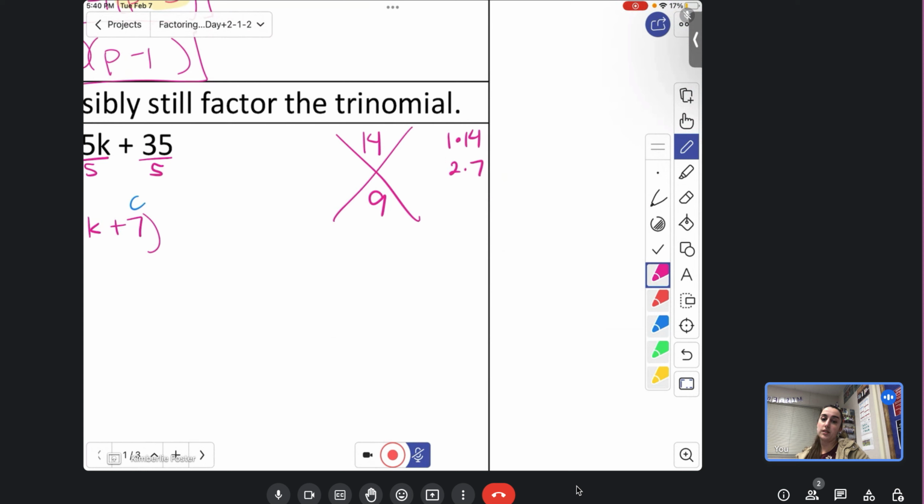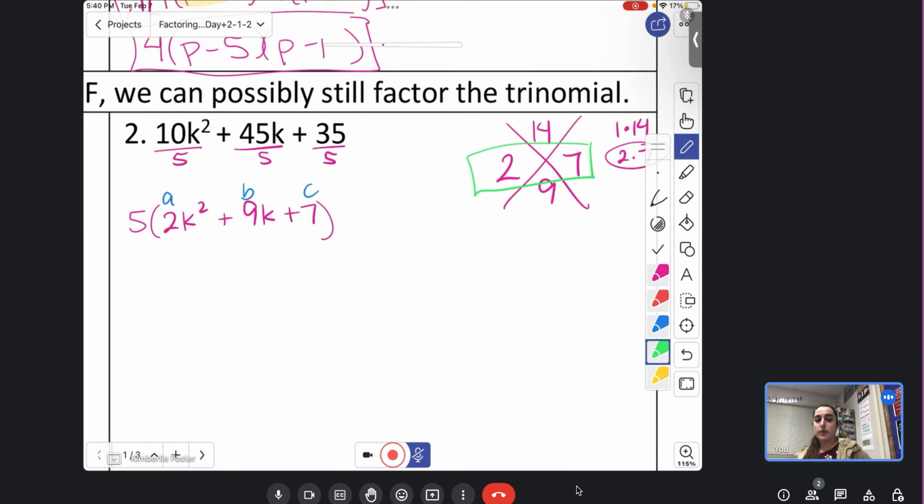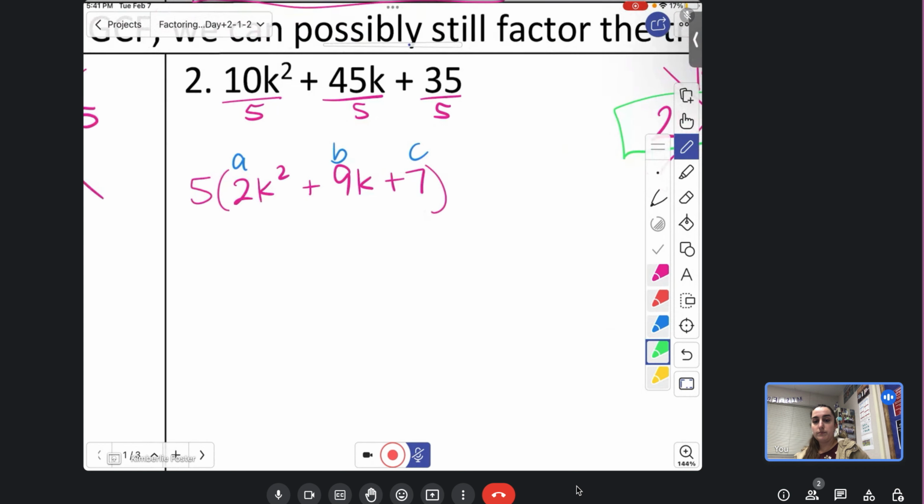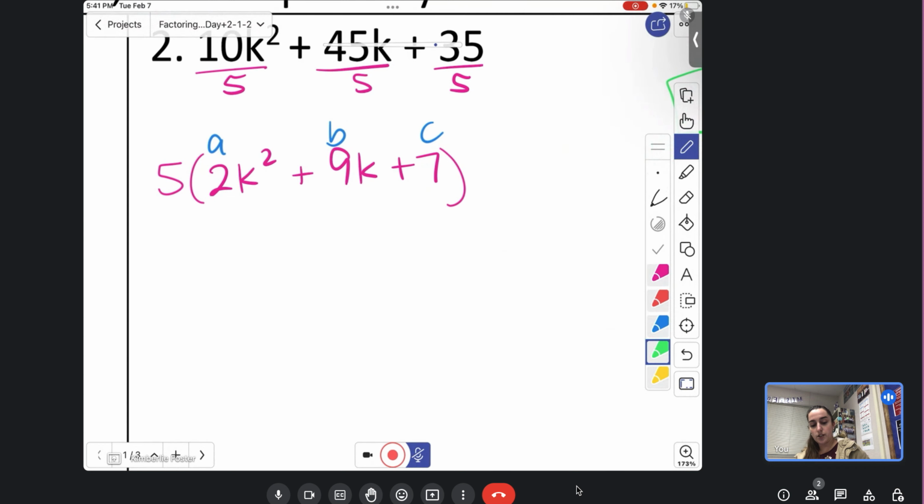That's my two options. 1 and 14 is not going to give me a 9, but 2 and 7 is. All right, so 2 and 7 are my lucky numbers here. Okay, so we're going to break up that middle term into 2k and 7k, I should say.